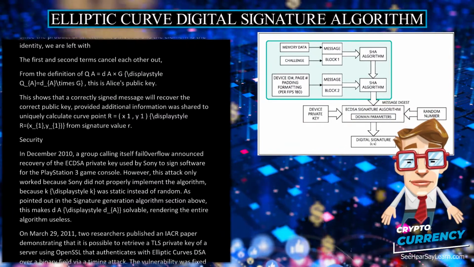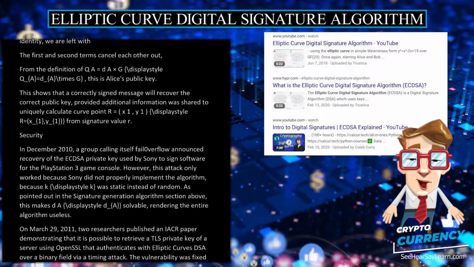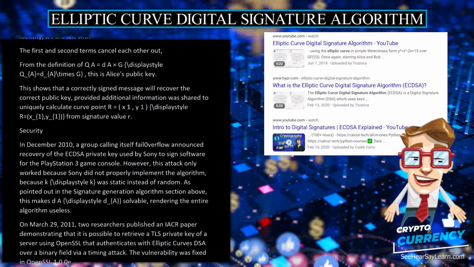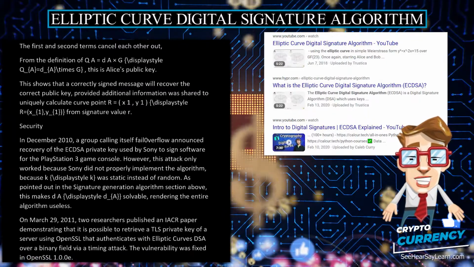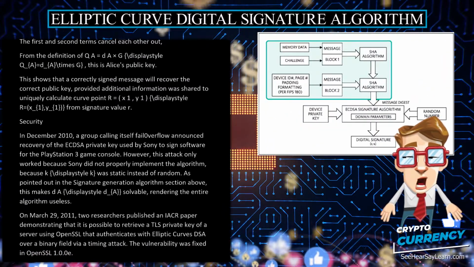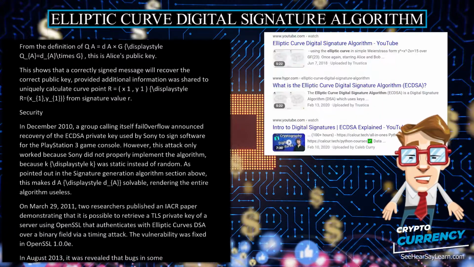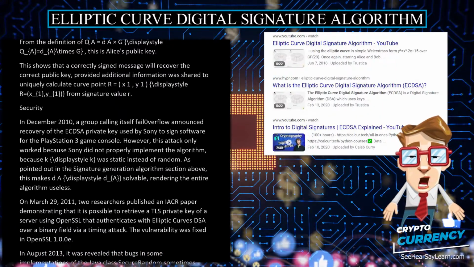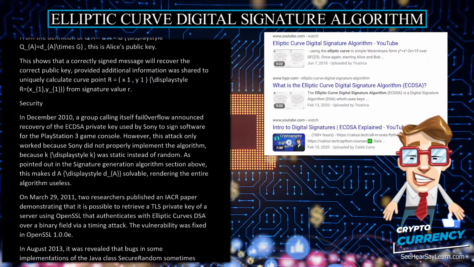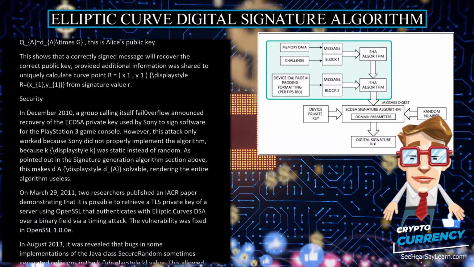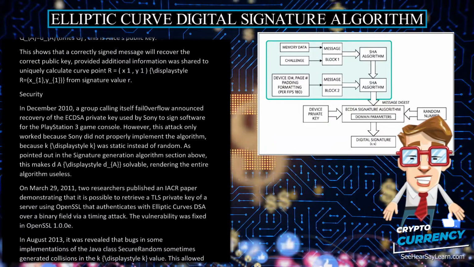However, this attack only worked because Sony did not properly implement the algorithm, because k was static instead of random. As pointed out in the signature generation algorithm section above, this makes d_A solvable, rendering the entire algorithm useless.